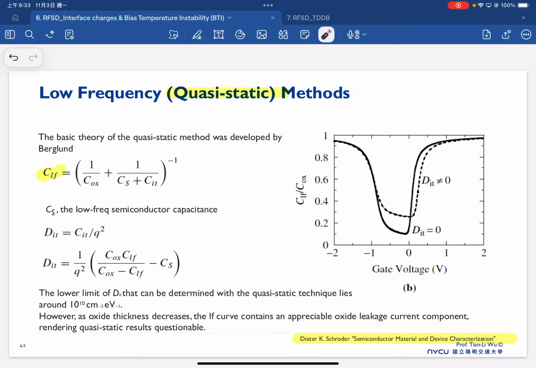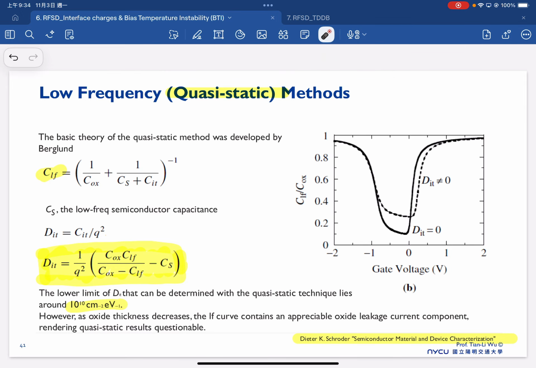So we can have the interface state density estimation coming from this equation. The lower limit of DIT from this method can be determined with quasi-static techniques at around 10 to 10. That's the resolution of the interface state density from this method.